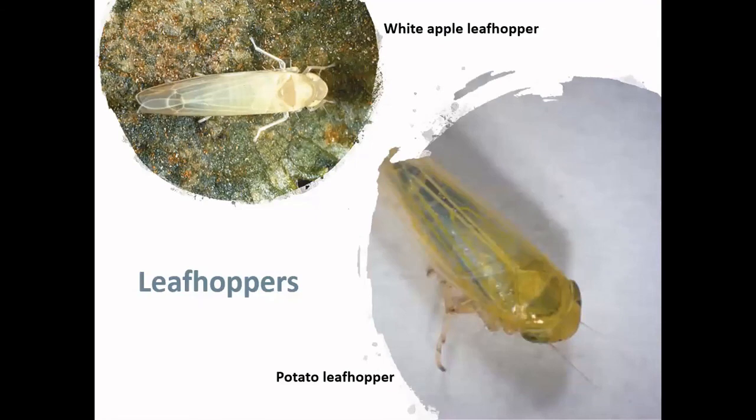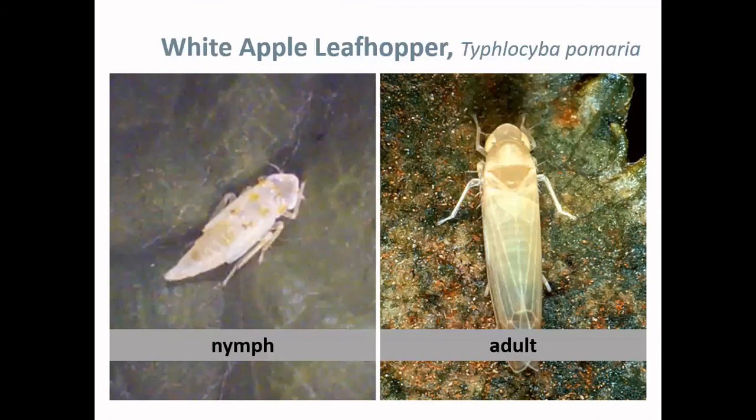With leafhoppers, there are two main species in Ontario apple orchards, the white apple leafhopper and potato leafhopper. White apple leafhopper, as you can see, both the nymph and adults are quite white to cream colored in appearance. The nymph, depending on feeding, may turn a slight green color as it consumes the leaf sap.